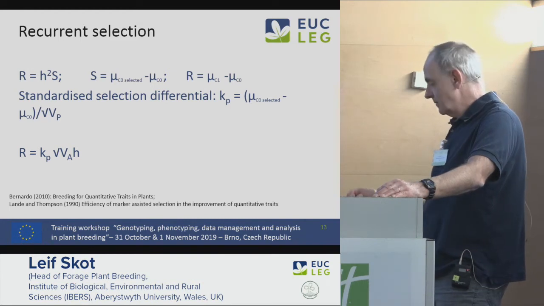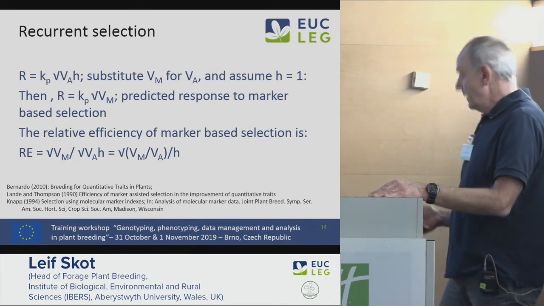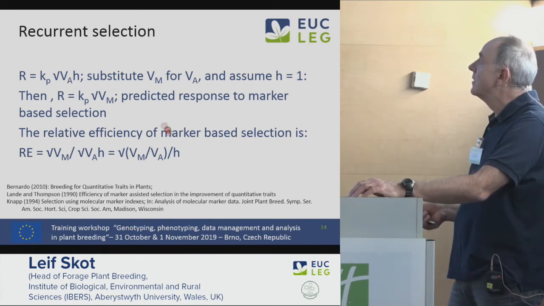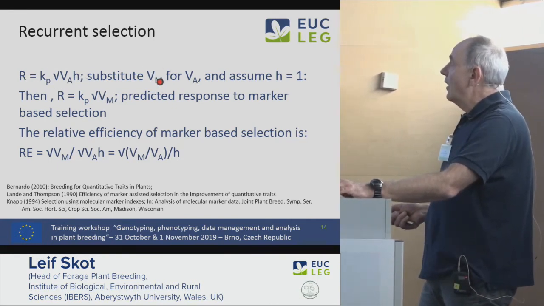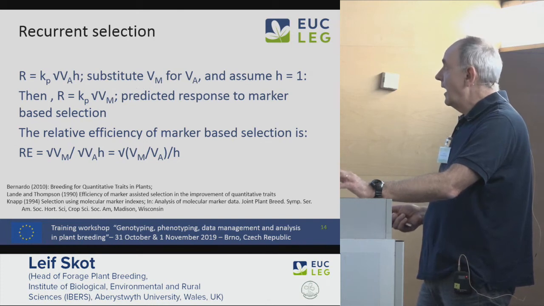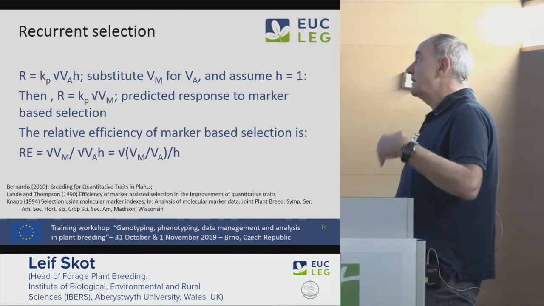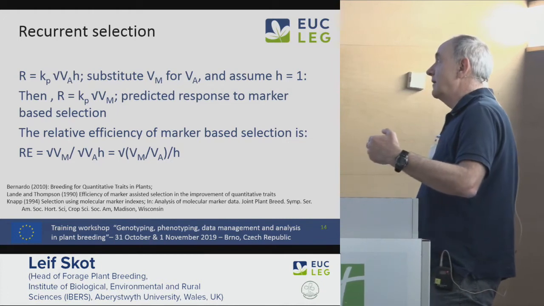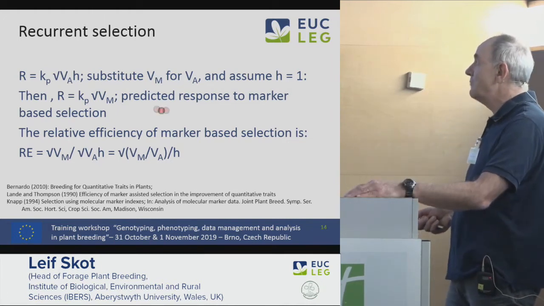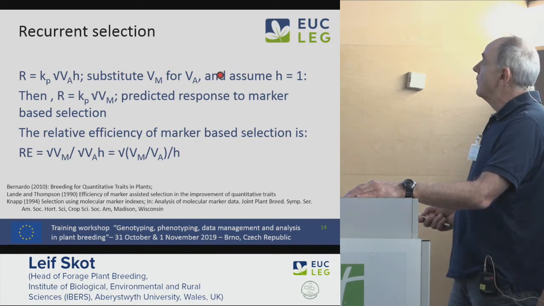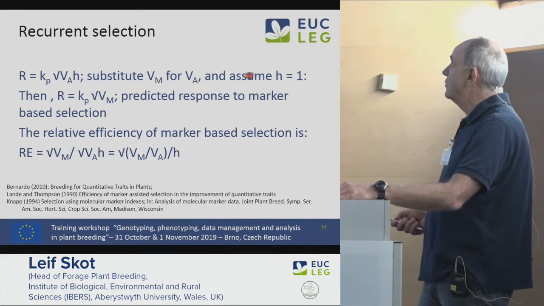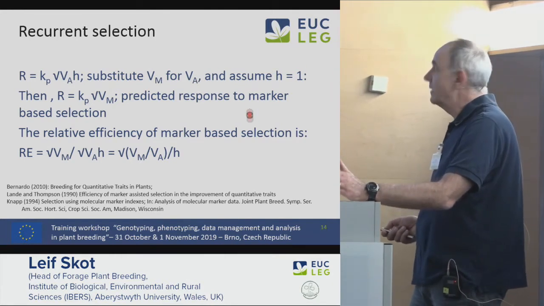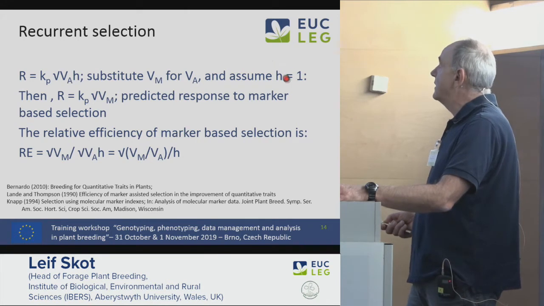And then you have this from the last slide, you substitute the variance explained by the marker in instead of the additive variance, and you assume that the marker character has a heritability of one.